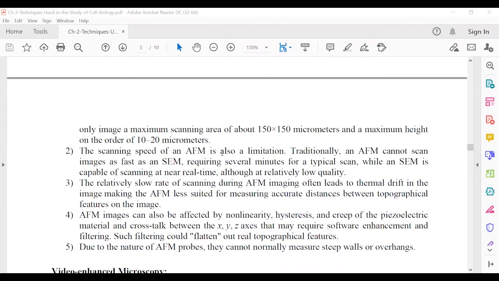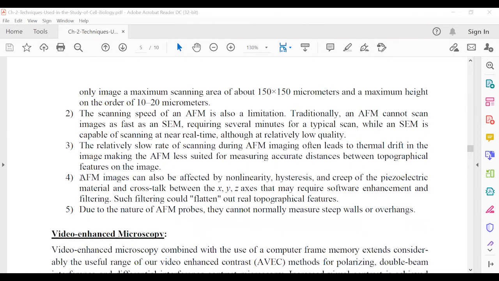Another disadvantage is that atomic force microscopy images can also be affected by non-linearity, hysteresis, and creep of the piezoelectric material and cross-coupling between the XYZ axes, and may require software enhancement and filtering.